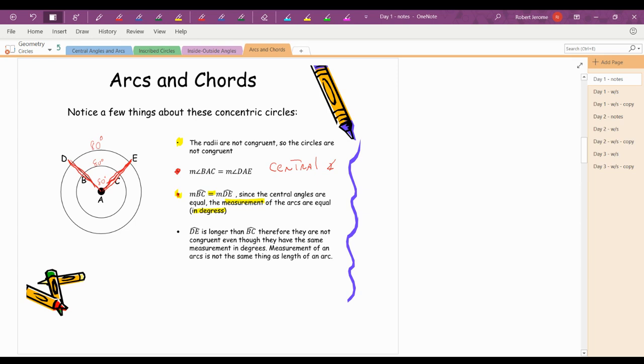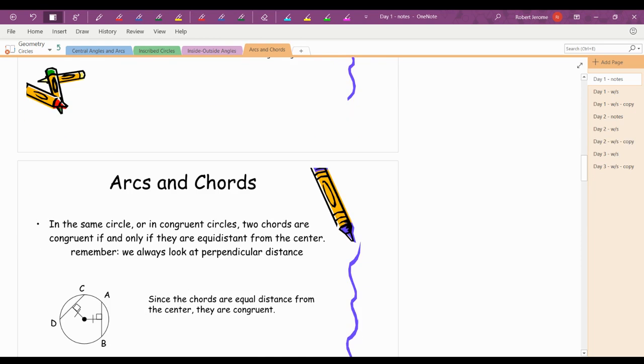It definitely is a longer arc from D to E than it is from B to C. So again, we are not saying that they have equal length, but they are equal in measurement when it comes to degrees. The length of an arc, that's part of the circumference. That's coming soon. Right now, we're still working with measurement of arcs in degrees. So we have to be really careful. It can be confusing. We have to be really attentive.